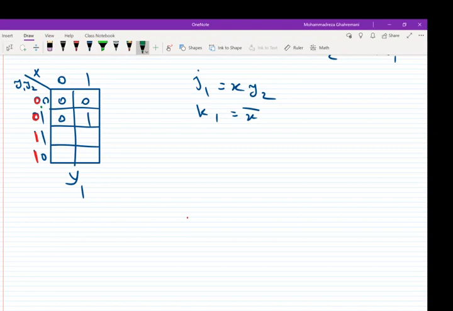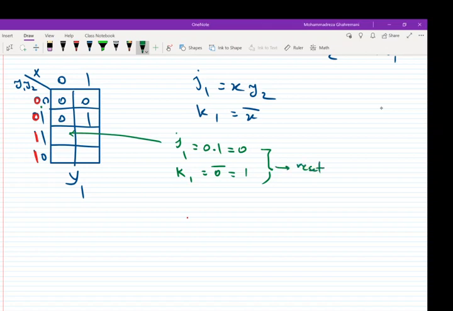So for this cell, j1 is equal to x, which is 0, y2 is 0, k1 is equal to x bar, which is 1. So j equal to 0, k equal to 1 means reset, which means y1 is equal to 0.